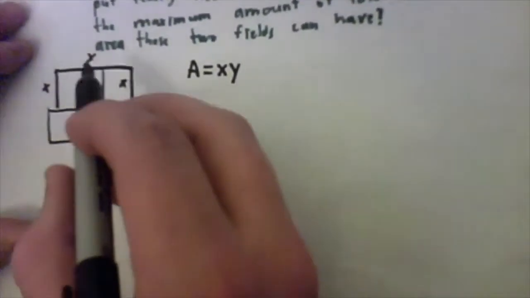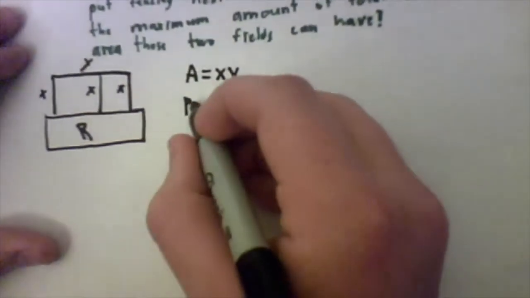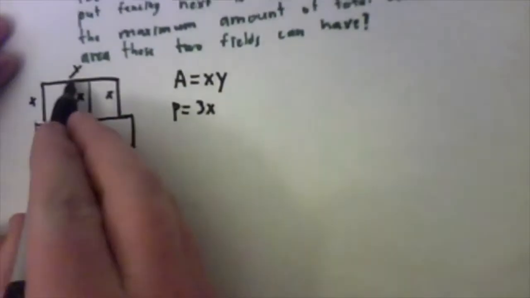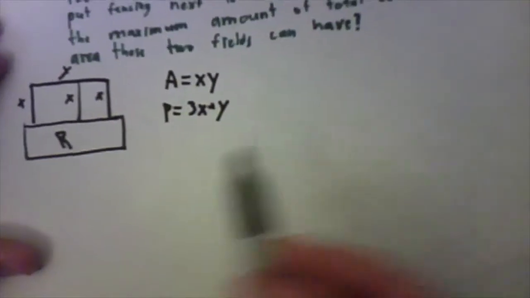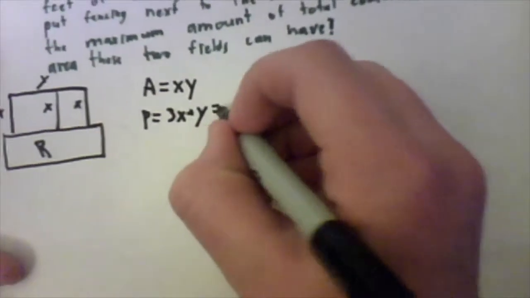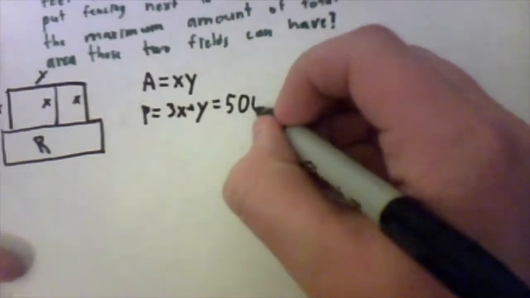So we have three x's and a y. So perimeter equals 3x plus y. And we also know the perimeter equals 500. So we'll make that equal to 500, as is stated in the beginning question.